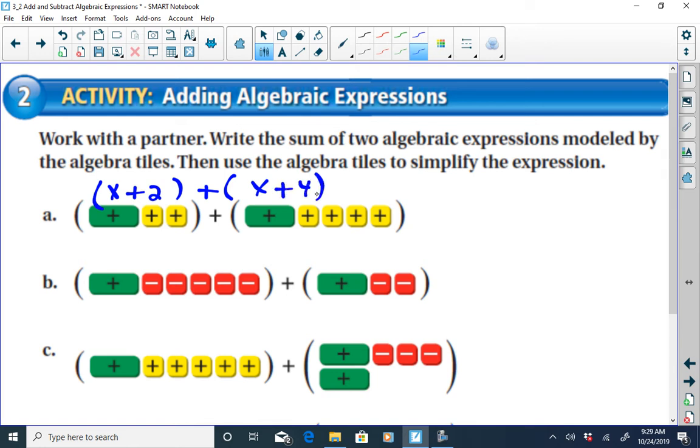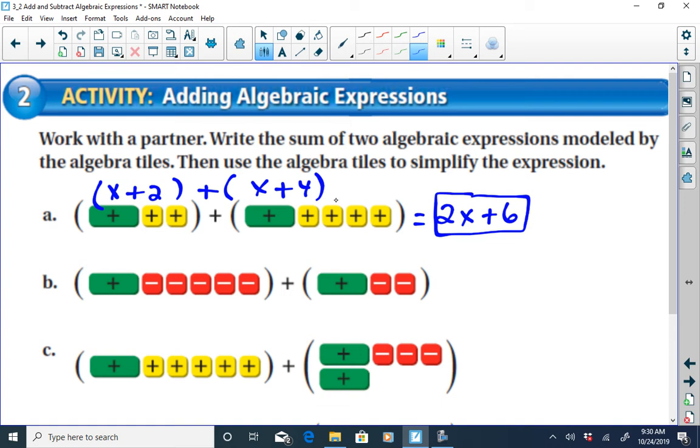So when we use the models, we actually put the model pieces together. So I have 1x here and 1x here. That's going to be equal to 2 x's. Then I have 1, 2, 3, 4, 5, 6 positive 1s. So that's going to be plus 6. So 2x plus 6 would be the sum of x plus 2 and x plus 4.